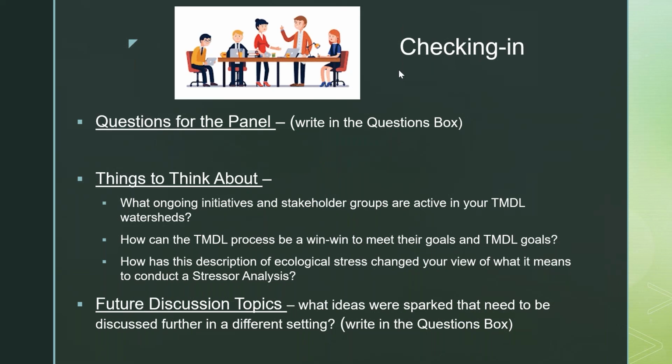This might be something like a dam. The TMDL is really not going to address the dam. Maybe another example could be imperviousness in the watershed. It's an urban watershed. The TMDL is probably not going to tear up concrete, right? But it's a contributing factor.